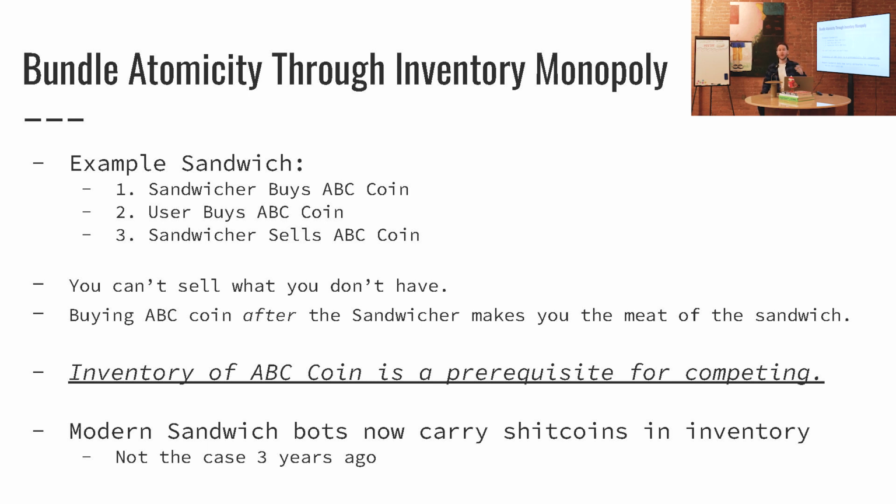And the answer is because back then, sandwichers didn't hold shitcoins in inventory. And usually with these shitcoins, there was only one pool to buy the coin in to begin with. And so whichever sandwicher was able to buy the token first at the very top of the block would have exclusive inventory access. And they would exclusively be able to be the only one that could do this third step, to sell the shitcoin.